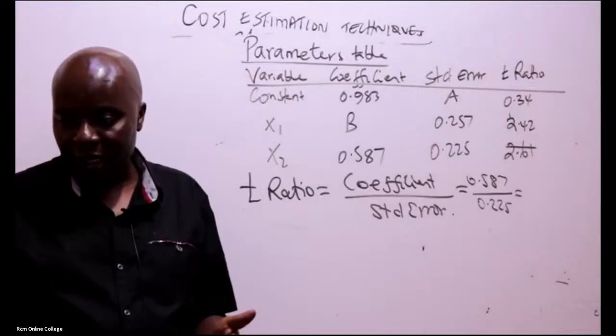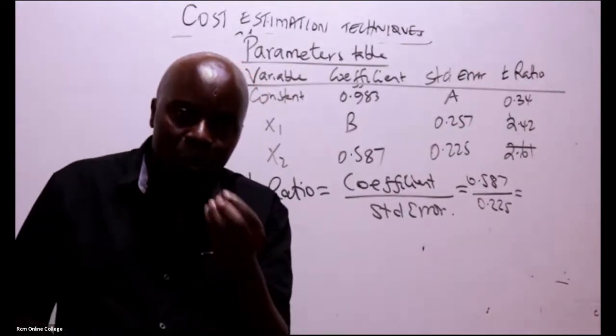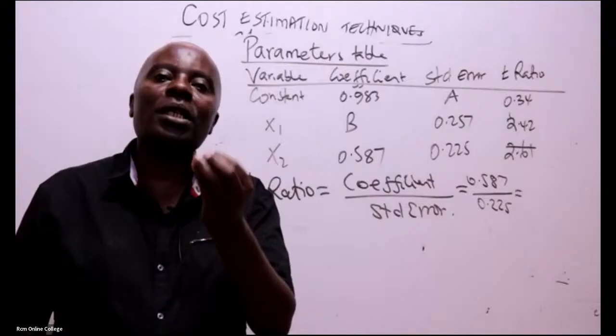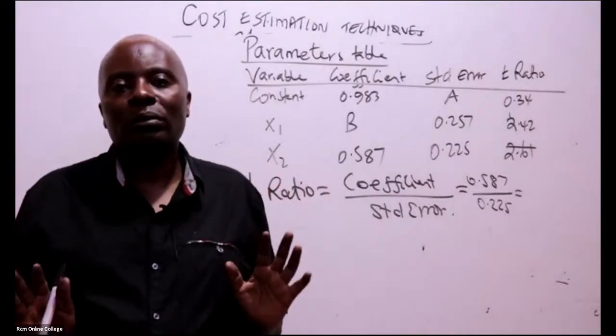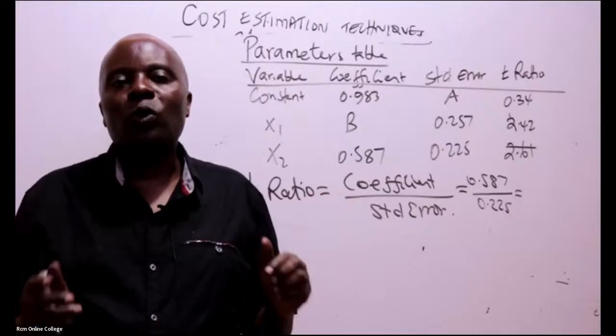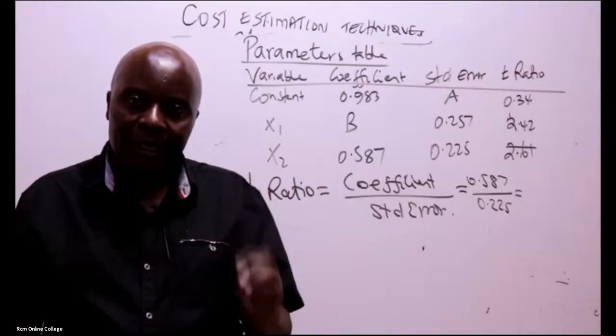There are rounding off errors. 2.608. So it is 2.61, isn't it? So what I'm coming to sell to you here this evening, ladies and gentlemen, is a simple formula. And this is the bedrock of this multiple variable regression. To get the T ratio, you shall take the coefficient always divided by the standard error.